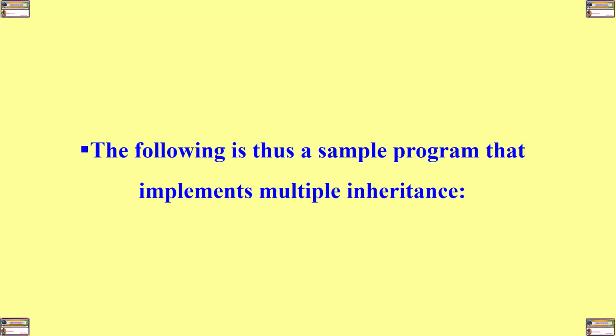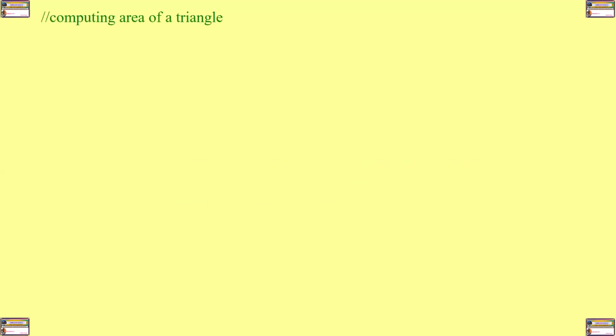So let's look at this program and see how we are implementing multiple inheritance. Our comment is computing area of a triangle. We have hash include iostream. We have using namespace std.